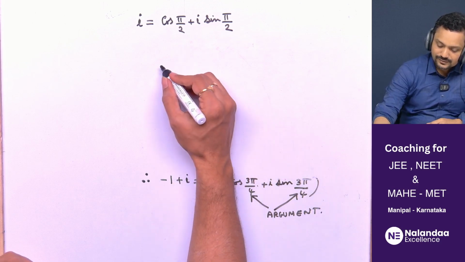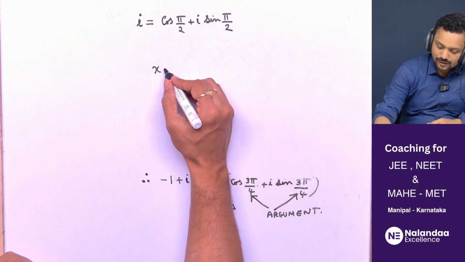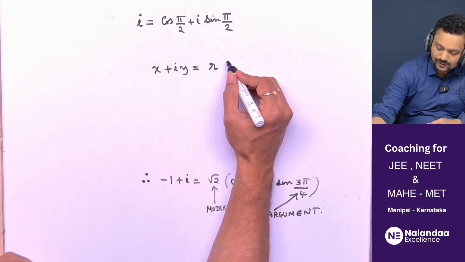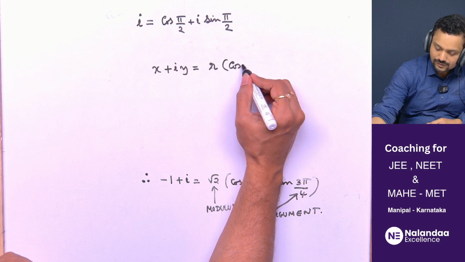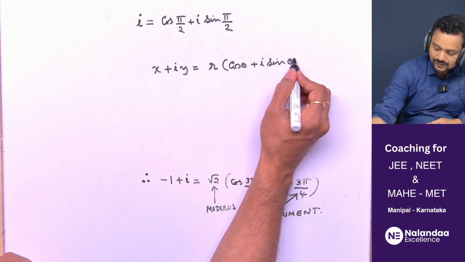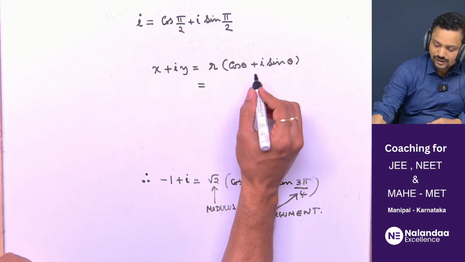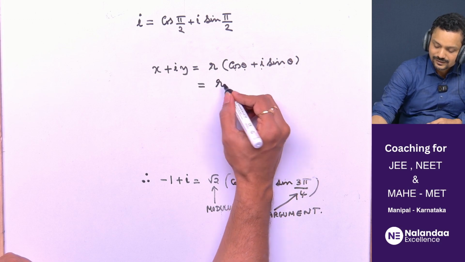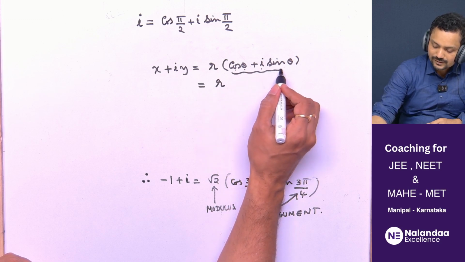And just now we saw, when a complex number x plus iy is written in polar form, it will look like this: r into cos theta plus i sin theta. Now sometimes, every time to write cos theta plus i sin theta is a little tedious, so we write this as a short form.